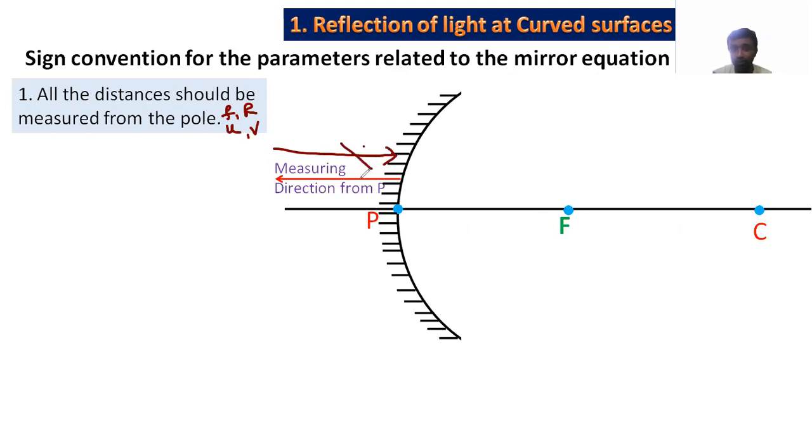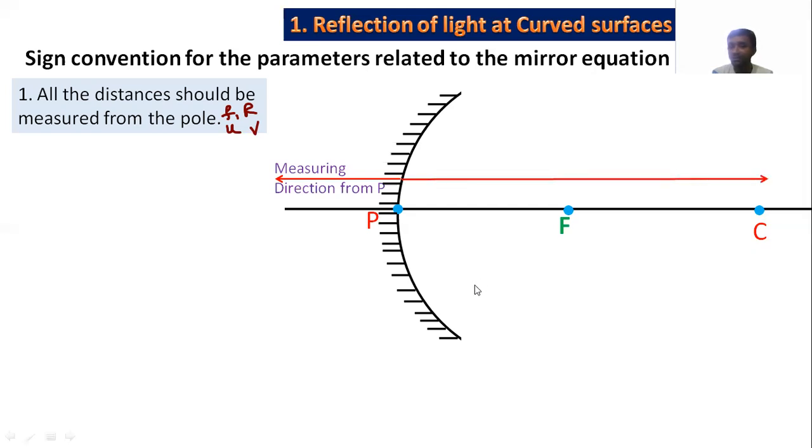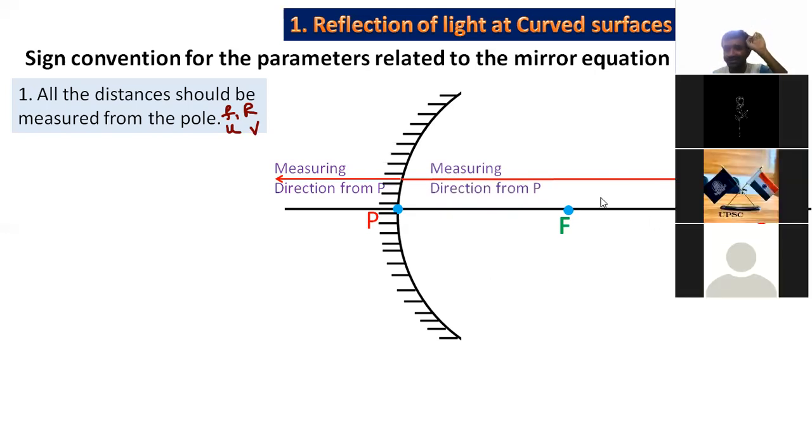Don't come to the pole. You have to go away from the pole in any measurement, right? Moving away from the pole, not towards the pole. Then right side, like this. Measuring direction from P. Clear, everyone? All the distances should be measured from the pole. That point I have given in the form of a diagram.